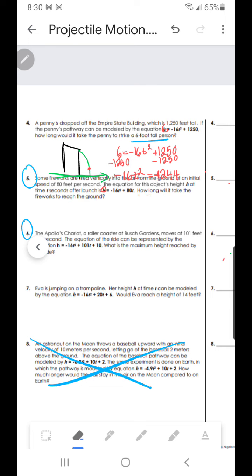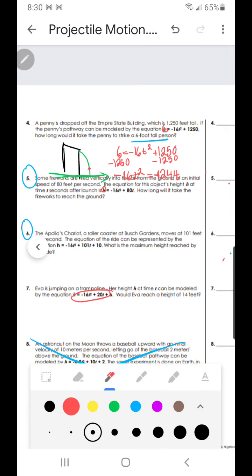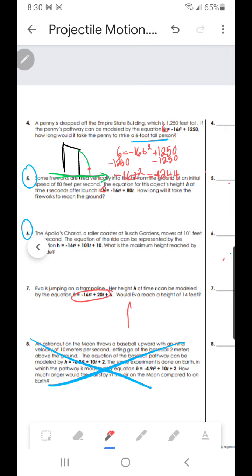All right, and so finally, number 7. Eva is jumping on a trampoline. Her height h and time t can be modeled by this equation. Would Eva reach the height of 14 feet? If you're thinking about Eva bouncing on a trampoline, she goes up, she goes down, she goes up, she goes down.